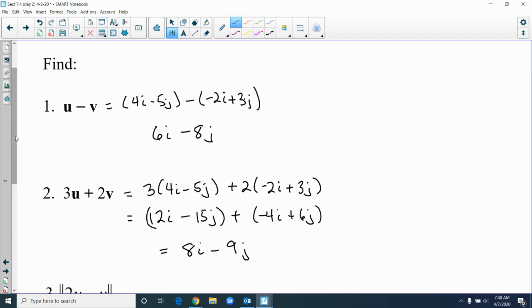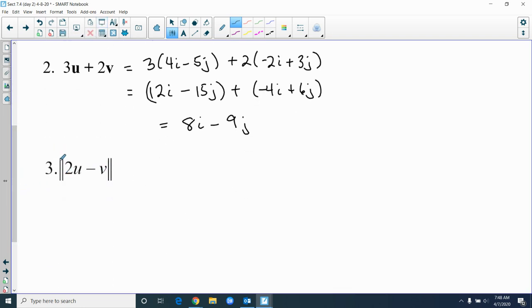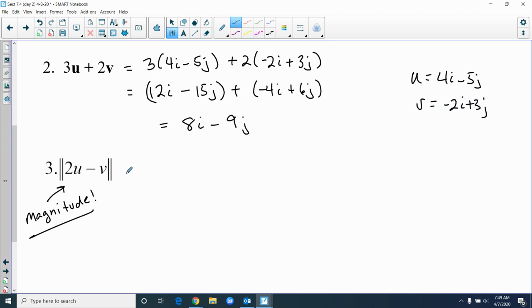All right, and the last one on this slide. Again, what does that notation mean? That means the magnitude. So I need to take 2u minus v. Remember, u is 4i minus 5j and v is negative 2i plus 3j.